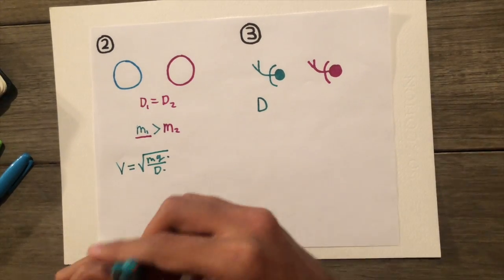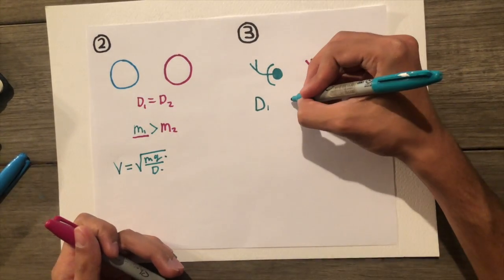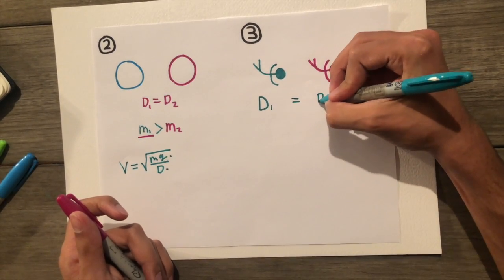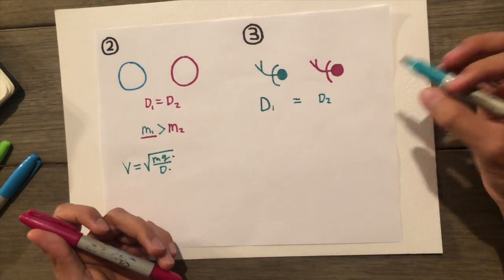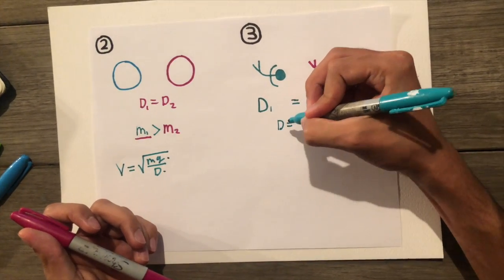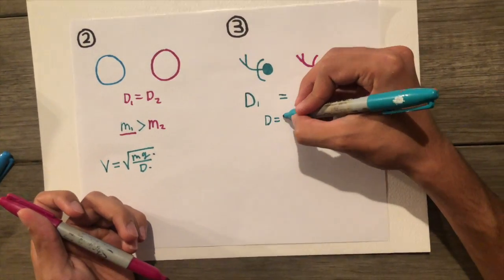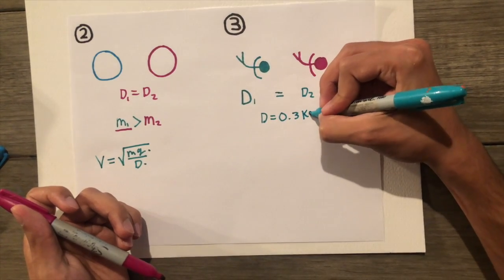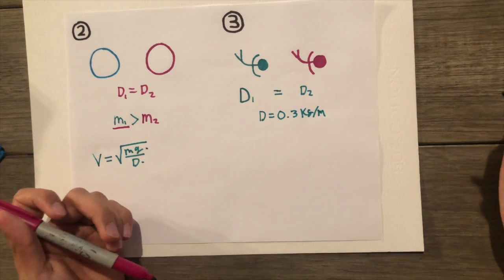They both share, like in the previous example, the same constant d. For this example, the constant d is 0.3 kilograms per meter.